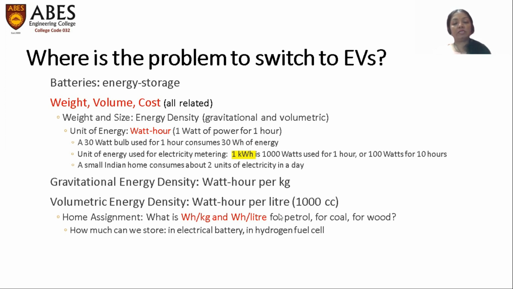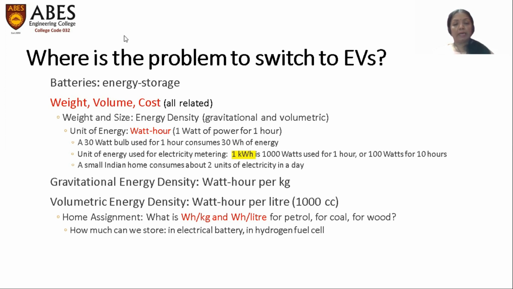For all these fuels, right from the traditional ones, coal, wood, petrol, then the electric battery, and then the fuel cell, what are the values per kilogram, and what are the values per liter if the fuel is a liquid fuel? For a liquid fuel, the energy density would be measured in watt hour per liter, and if it is a solid fuel, it will be measured in watt hour per kilogram.